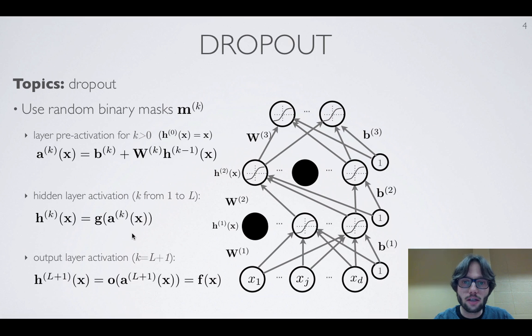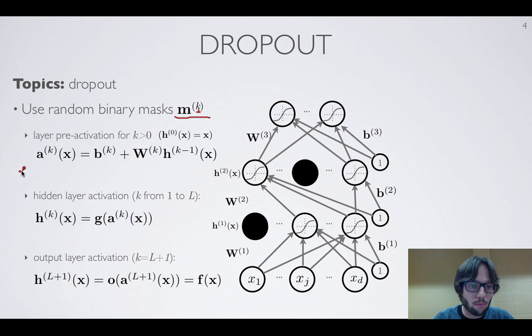So how does that change the regular forward and backward propagation algorithm for training a neural network? Let's assume that for each hidden layer, we've sampled these binary masks. We could do this before doing forward propagation, and I'll call these binary masks m^(k), where k is an index for the hidden layer.